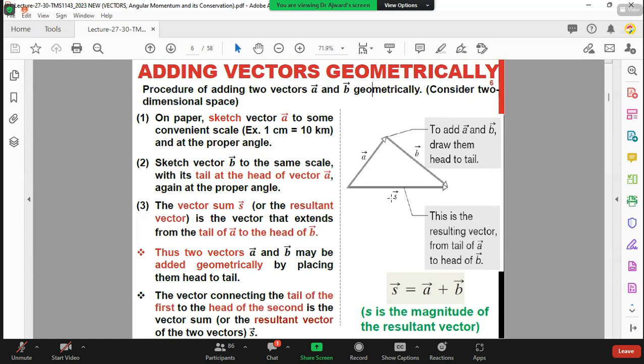You can't just add, like if I say add 5 newtons and 2 newtons, it is not necessarily 7 newtons, right? Because the final value depends upon the direction of each force. Do you understand what I'm telling?